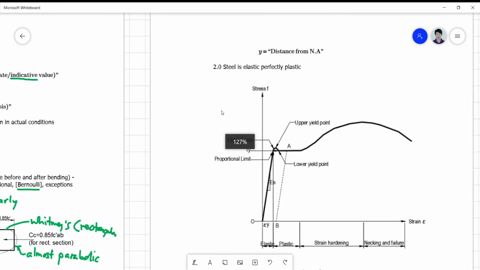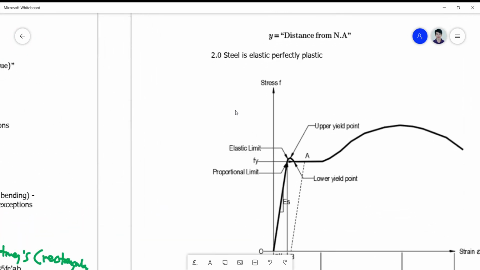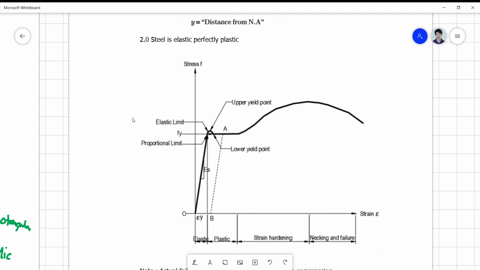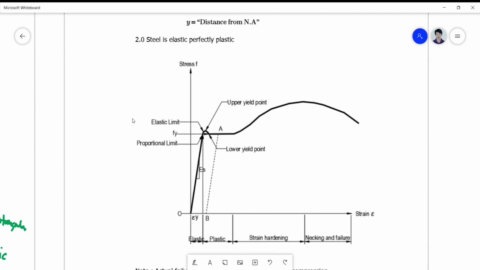Okay, so for your second assumption, it is assumed that your steel is an elastic, perfectly plastic material. So it's an elastoplastic material, which is again not true.